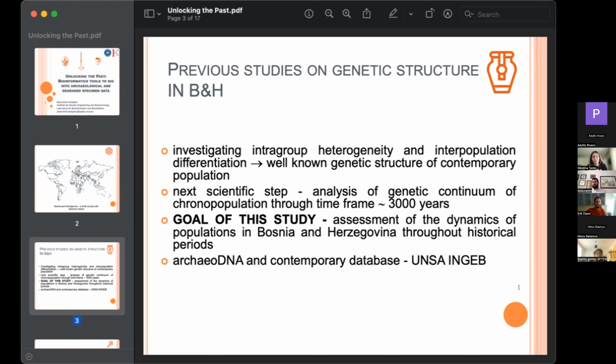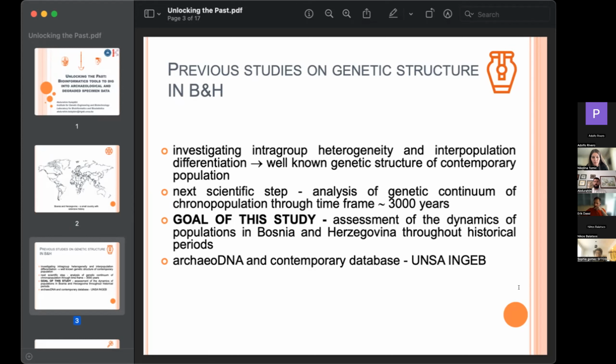Logically, the next scientific step would be to analyze the genetic continuum of the Bosnian population through a time frame, starting with the prehistoric period through medieval times and finally to the contemporary populations. Basically, the goal of this study is to assess the dynamics of those populations in Bosnia and Herzegovina throughout historical periods, while also simulating various demographic scenarios using artificial neural networks as part of deep learning analysis.